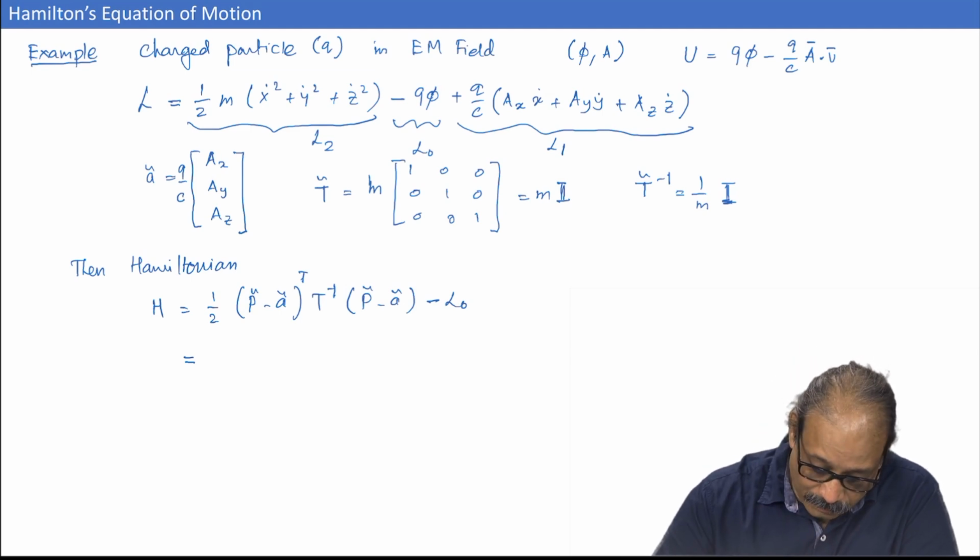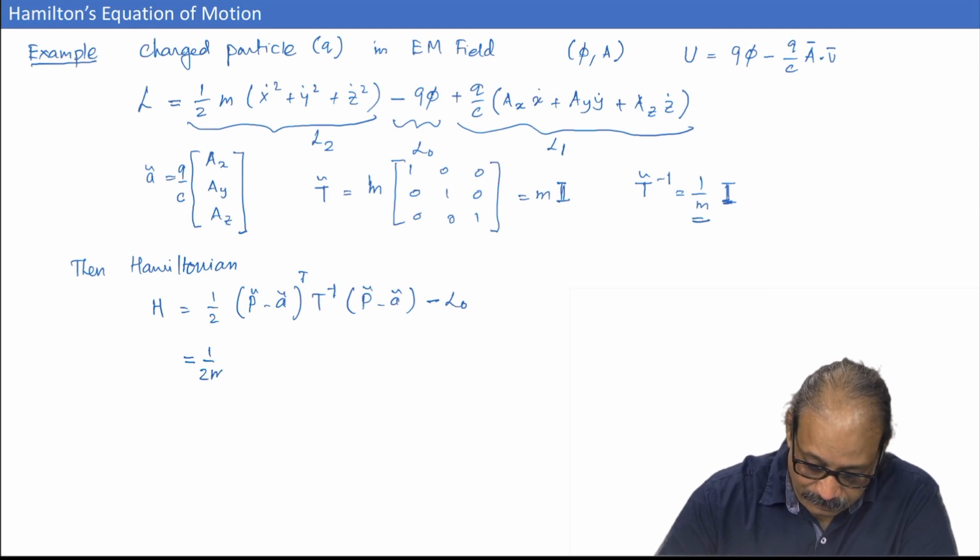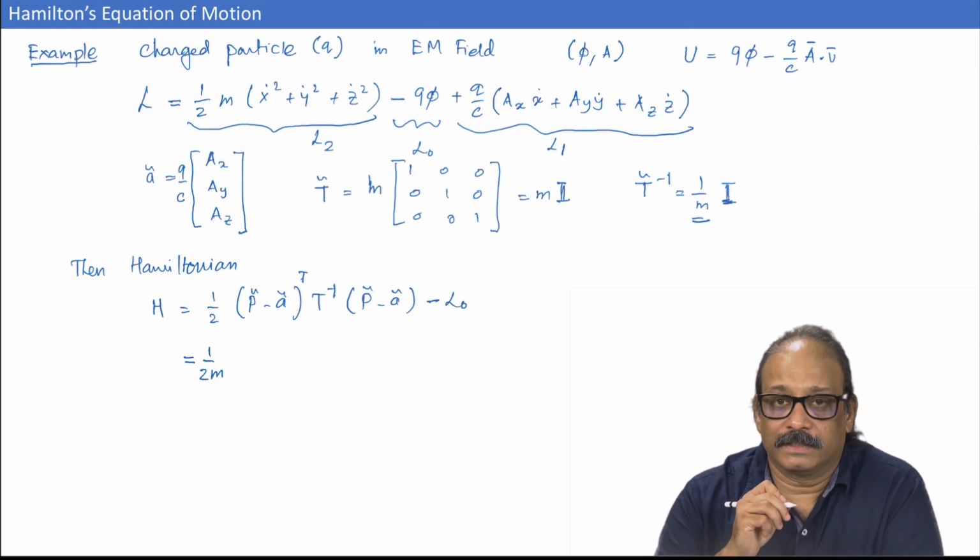So, here now it will be half. From T inverse I will get that 1 over M. So, I will write it as 1 over 2 M, and what is there in P tilde minus A tilde?